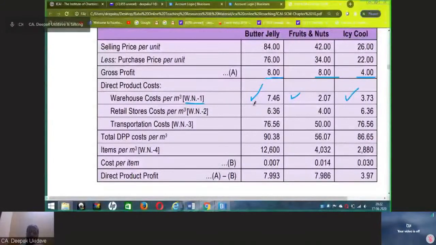So let us look at working note 2, retail store related cost. Warehousing related cost is done, now retail store related cost. Again two activities, general cost and refrigerated goods. Here you have labor related cost 33 and other costs which are generic in nature, whereas refrigeration cost is specific, 1,09,000.